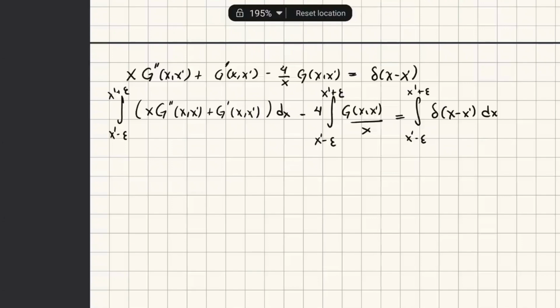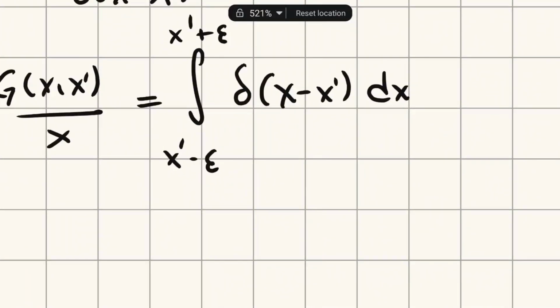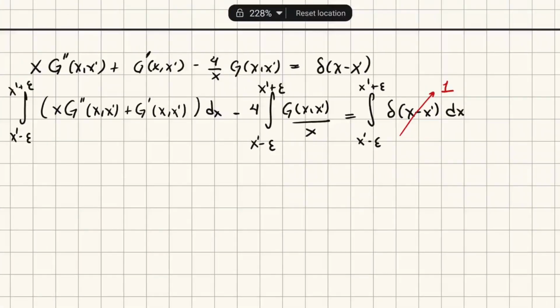dx. Okay, as we have been saying in recent lessons, we know that this integral should be equal to 1, because x prime belongs to the interval of integration. And we know that when the variable of the Dirac delta is inside the interval of the integral, well, that integral is equal to 1, right?